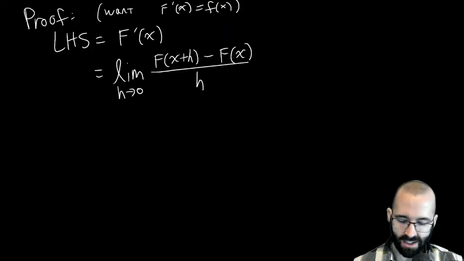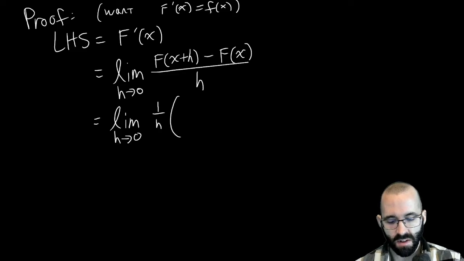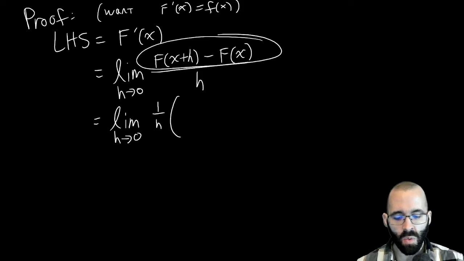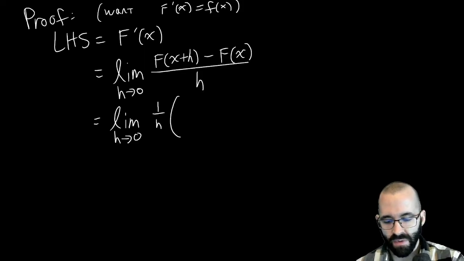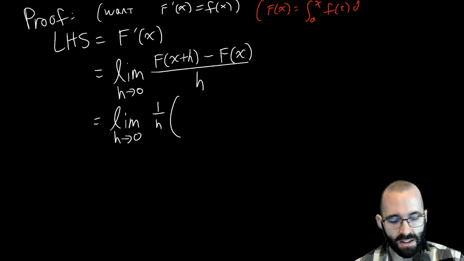Okay, so let's factor out the h first. Limit as h goes to 0 of 1 over h times, if we factor out the h, this is what we're left with. What is the capital F evaluated at x plus h? Remember that F of x is defined to be the integral from a to x of f of t dt.